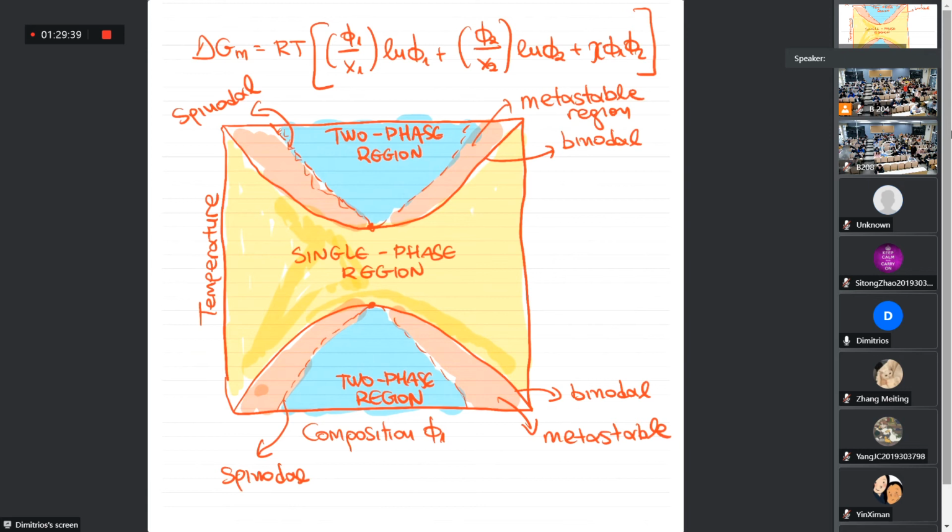So I said that the metastable region is divided from the two-phase region with the spinodal curves, and the single-phase region is divided from the metastable region or the two-phase region with the binodal curves, okay? This is the lower critical point. And this is the upper.